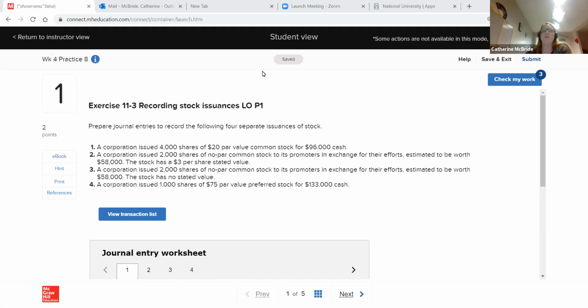So when you issue stock, there's three types of stock that we might issue. There's par stock, stated value stock, and no par stock. Par stock has a stated value on the share of stock. Like here, when we're looking at this common stock, it has a par value of $20.